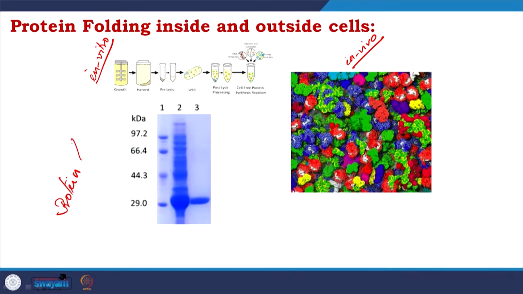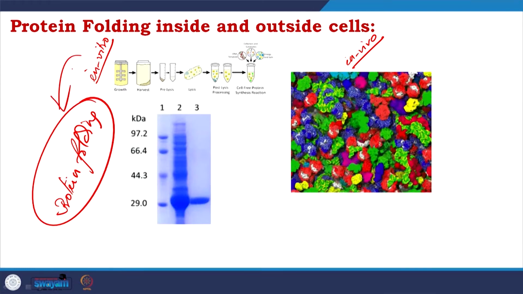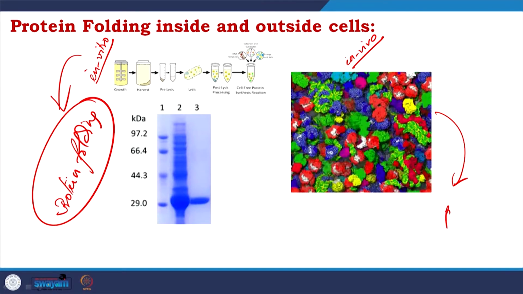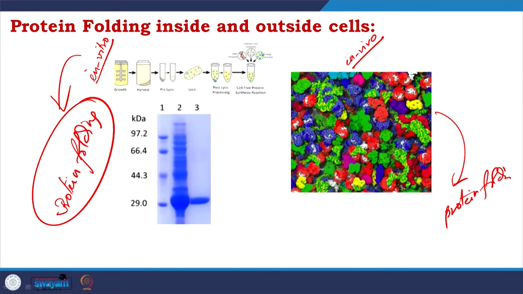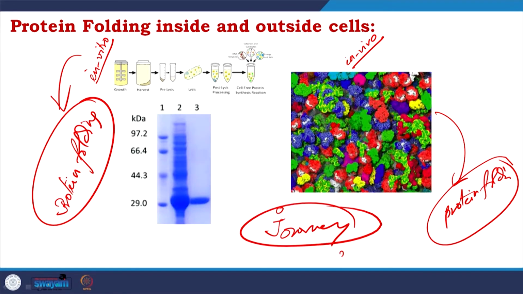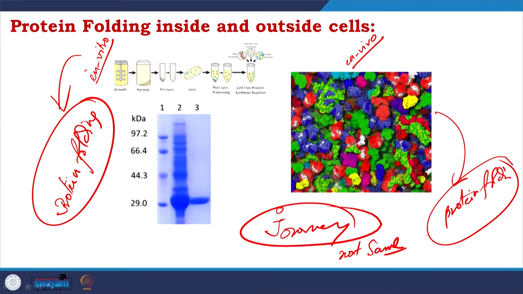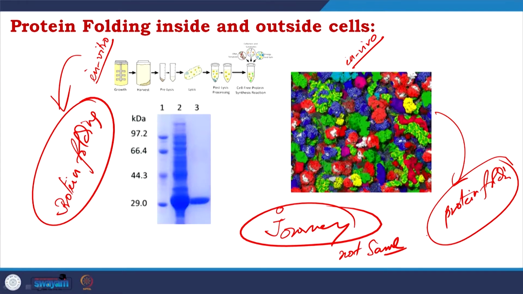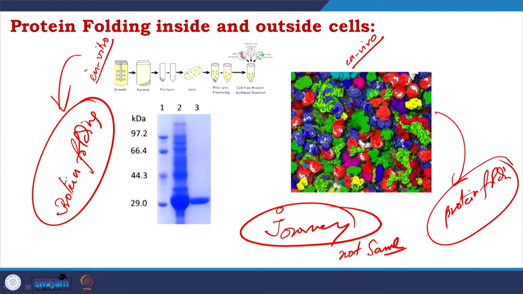Similarly, what Christian Anfinsen found in the in vitro situation, the protein folding, in an in vitro situation and in an in vivo situation, the results are the same, but the journey is not the same, because in the in vivo situation, in presence of so many proteins, in presence of the fear of proteolysis and a lot of other physiological problems, the protein has to get a different folding mechanism, and that is where it might take the help of a chaperone.